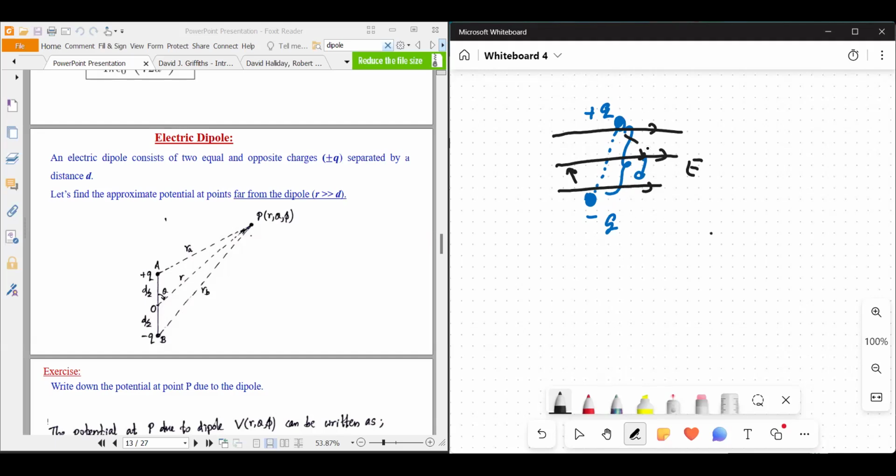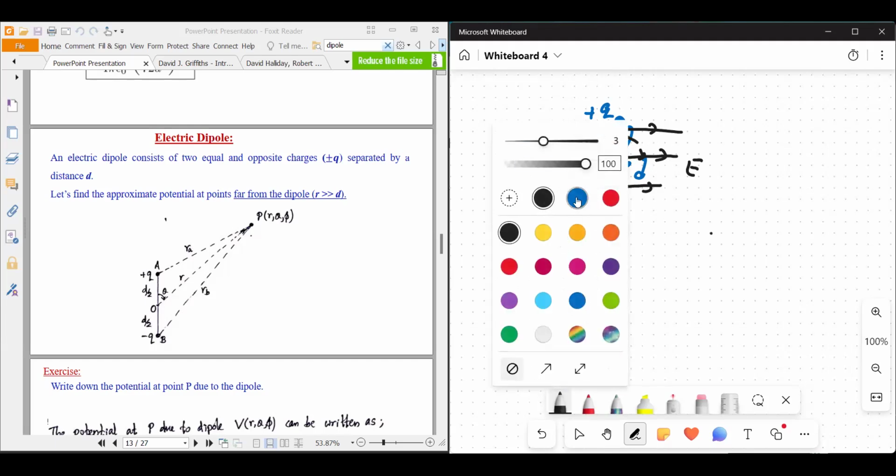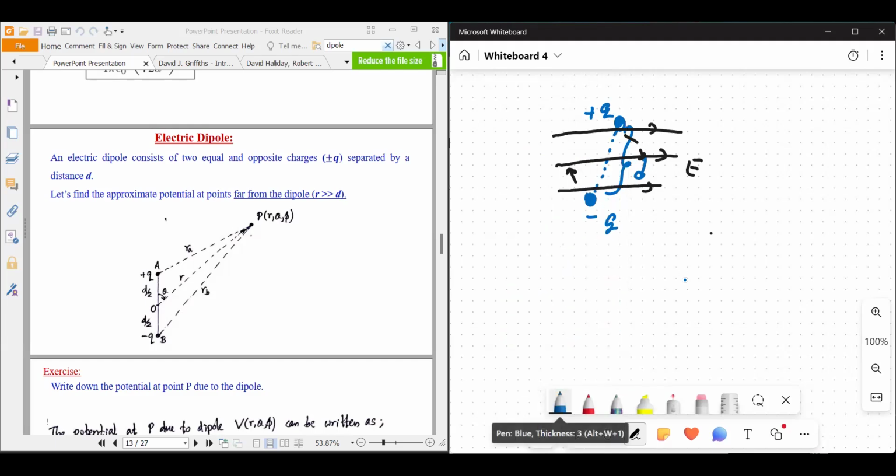Now we can see these electric dipoles in chemical compositions. For example, if I take an H2O molecule, it consists of an oxygen atom and two hydrogen atoms.